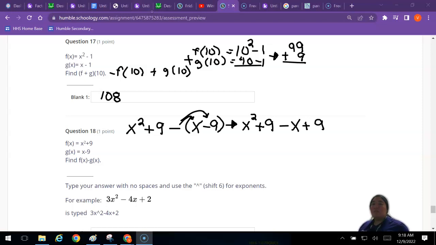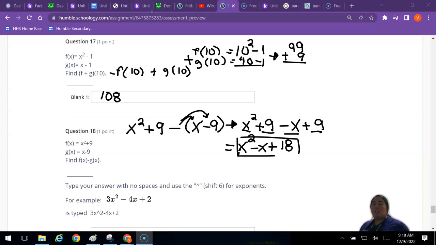Okay? So I'm going to rewrite this now to look better. I'm going to do what we've been doing like on review 1, and I'm going to write it so it's x squared first, and then it's minus x, and then plus 9 and plus 9. What's that? Plus what? Plus the 18. So this looks good.